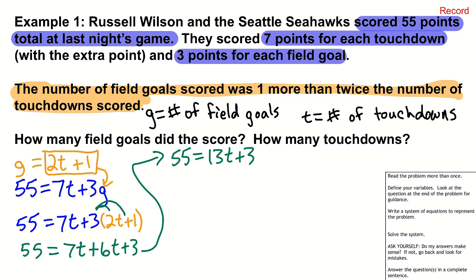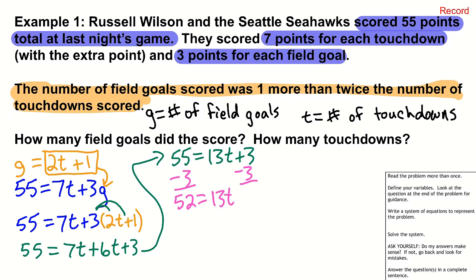Now there's nothing left for me to do on the left-hand side. There's just a number. And there's nothing left for me to do on the right-hand side. So now I need to start undoing operations. So I'm going to subtract the 3 from both sides to isolate my t term. So I have 52 is equal to 13t.